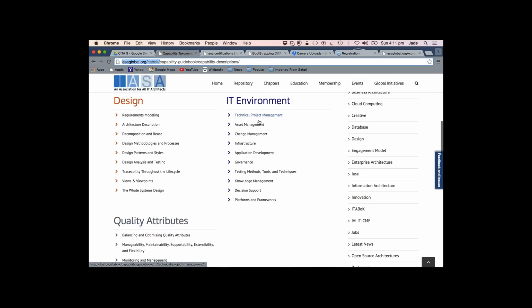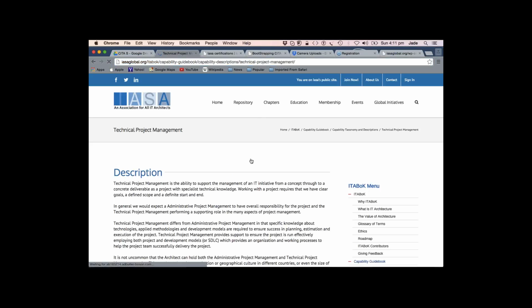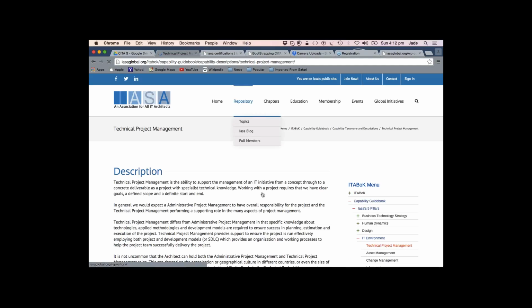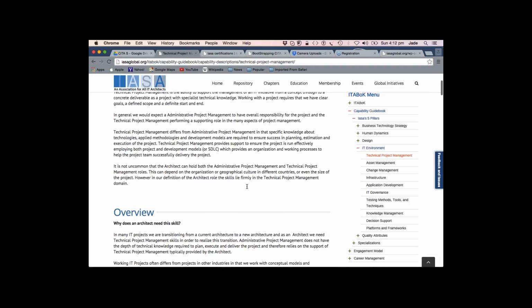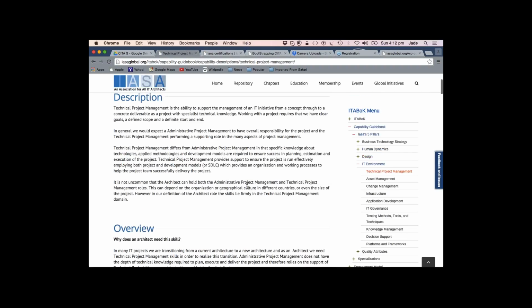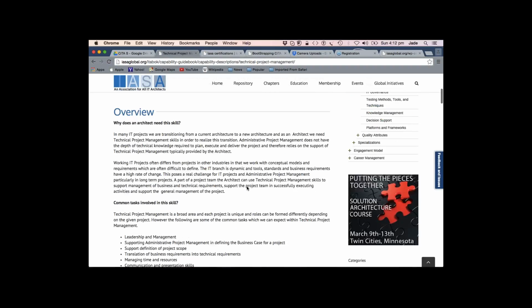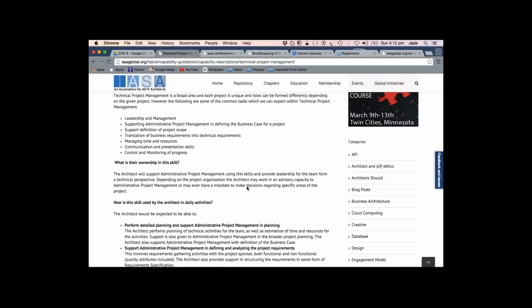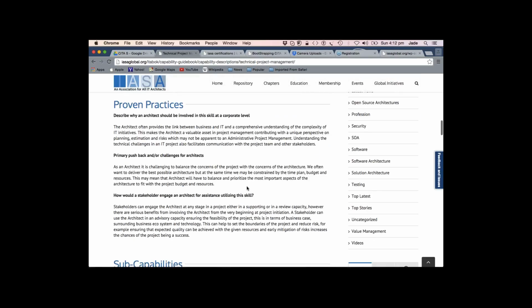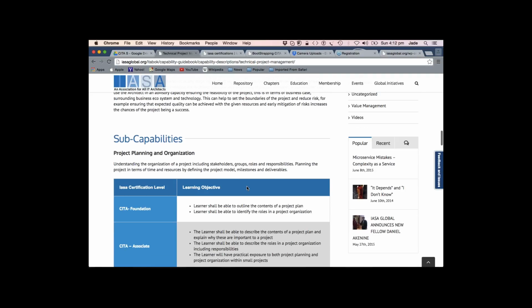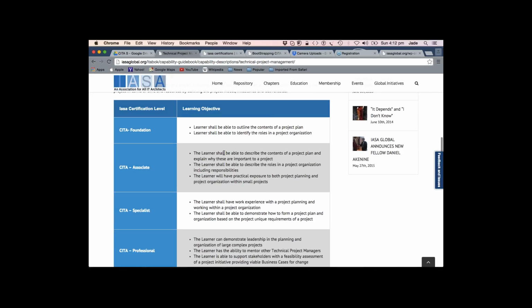If you click on any one of these, let's say technical project management, we have the description of the capability and more in-depth detail on what it really means and its sub-capabilities. It also speaks about the proven practices and a detailed list of the sub-capabilities, and how it is addressed by our certifications.